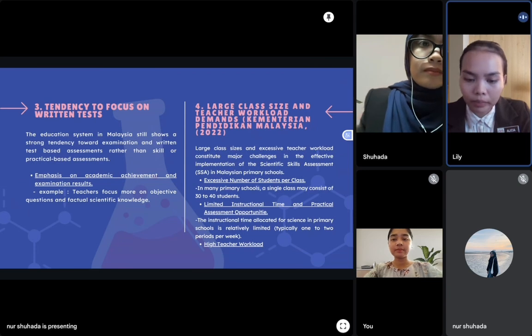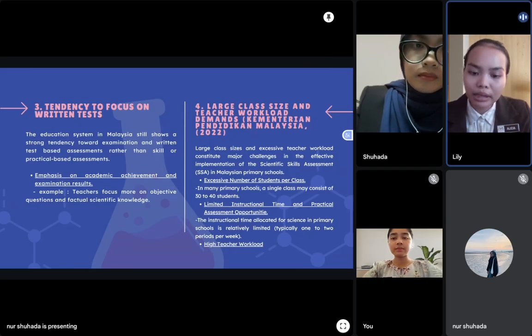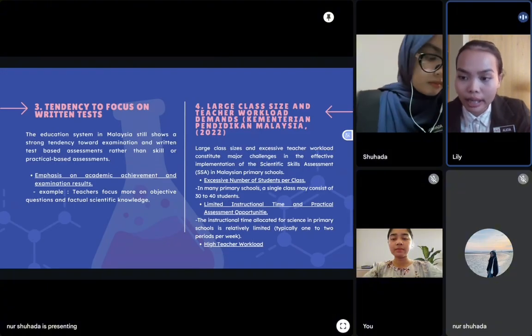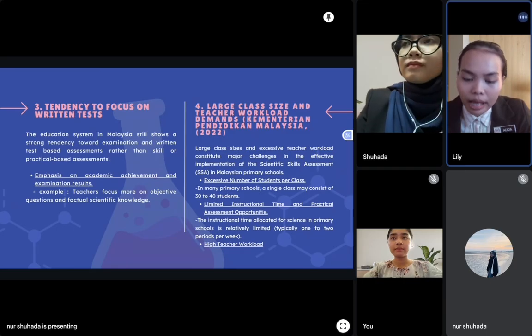Number 4, the next challenge is large class size and teacher workload demands. Large class size and excessive teacher workload constitute major challenges in the effective implementation of the scientific skills assessment, SSA, in Malaysian primary schools. The excessive number of students per class.